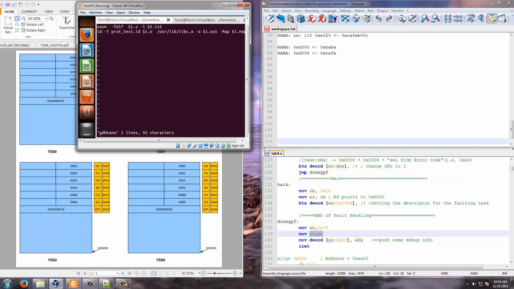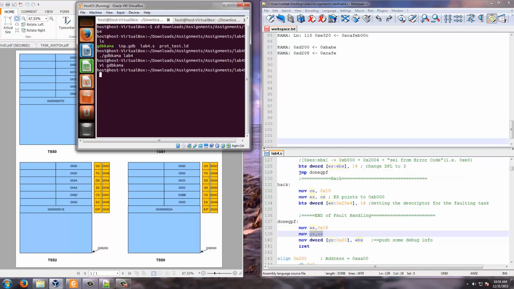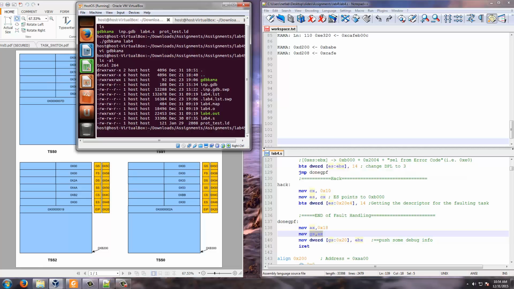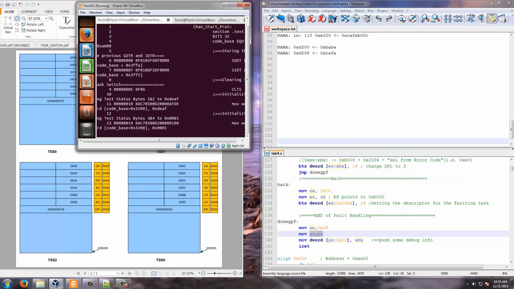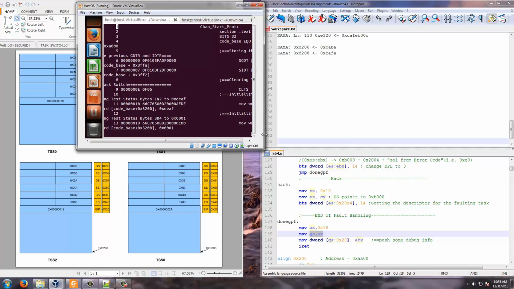So one small thing that you can also do when we are doing this, you can also say minus L $1.lst. So when you compile this, you also get this LST file, lab4.lst. So let us see what is there in lab4.lst.